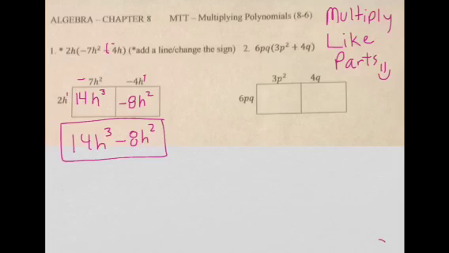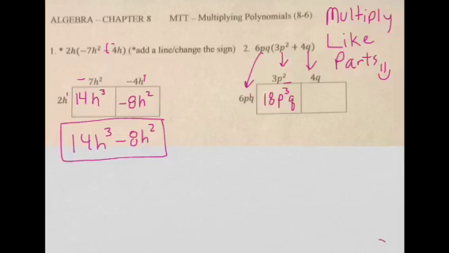Okay, let's look at the next one. We're going to go ahead and put the 6pq on the side and put the 3p squared and the 4q, and now we're ready to multiply. 6 times 3 is 18. P, which would have a 1 for an exponent, times p squared would be p cubed. And then we're going to put q on there because we have nothing up here that would change the q exponent.